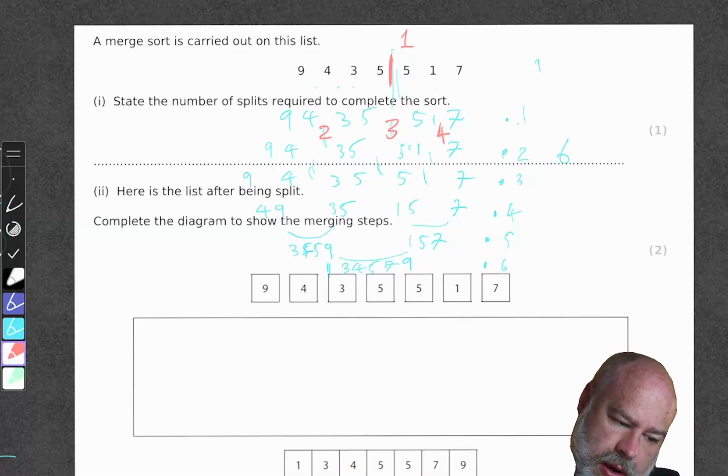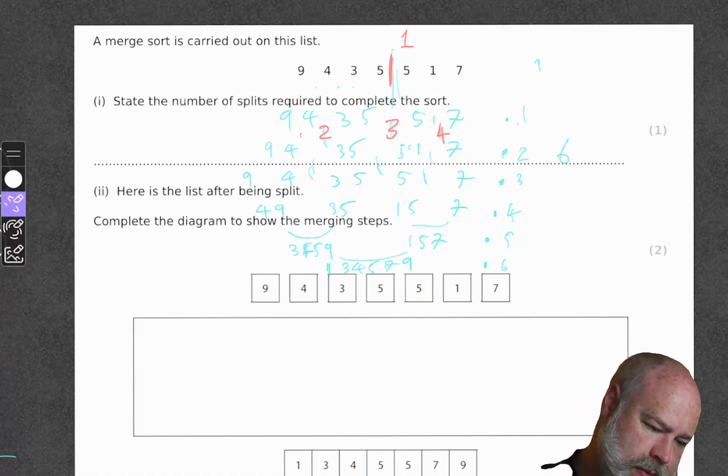From there, 1, 2, 3, 4, and then you could say we are splitting it then 5.